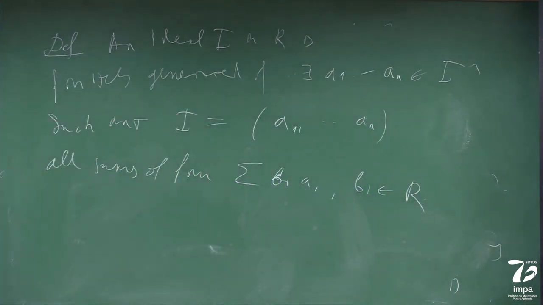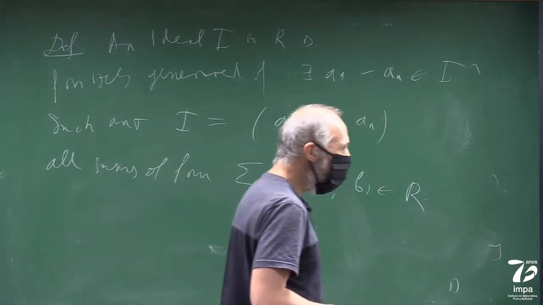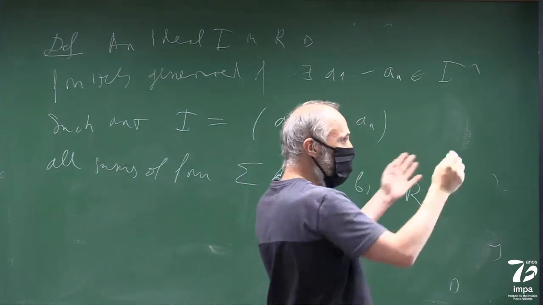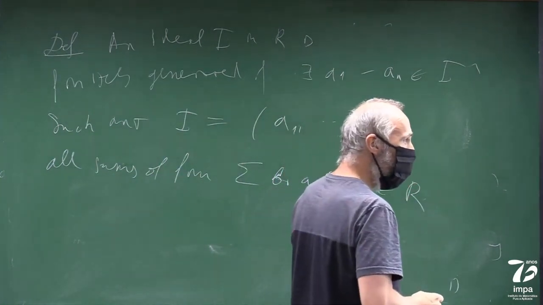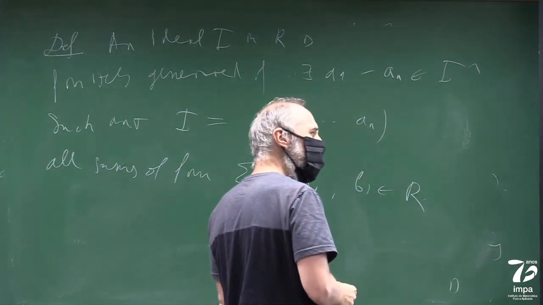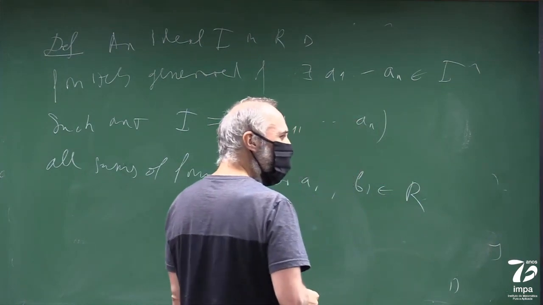This is standard notation for the ideal generated by things. Sometimes you use angle brackets, or you can use round brackets. I think here I use angle brackets. Okay.